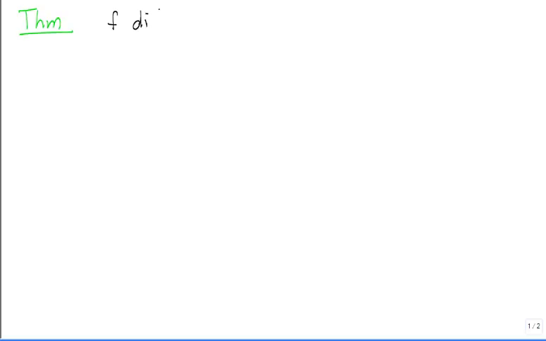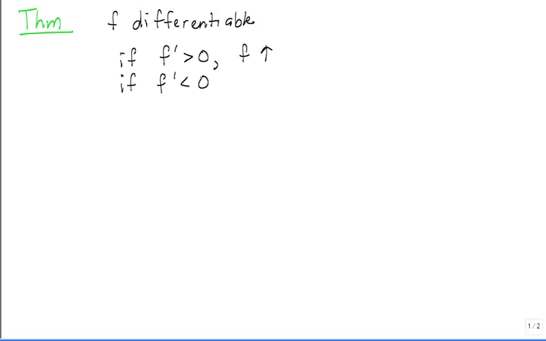First off, f has to be differentiable. You need to talk about first derivative. If f prime is greater than 0, then f is increasing. If f prime is less than 0 or negative, then f is decreasing.